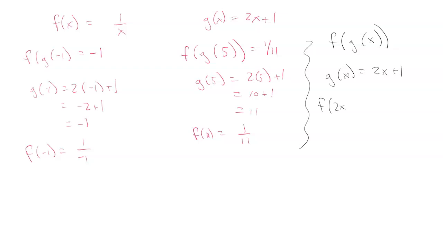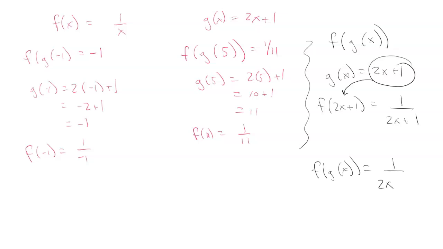I'm going to re-plug in this guy, right? So this guy is now plugging into my new function right there. So this is just 1 over and then 2x plus 1. So I should be able to say that f of g of x is equal to 1 over 2x plus 1, right?